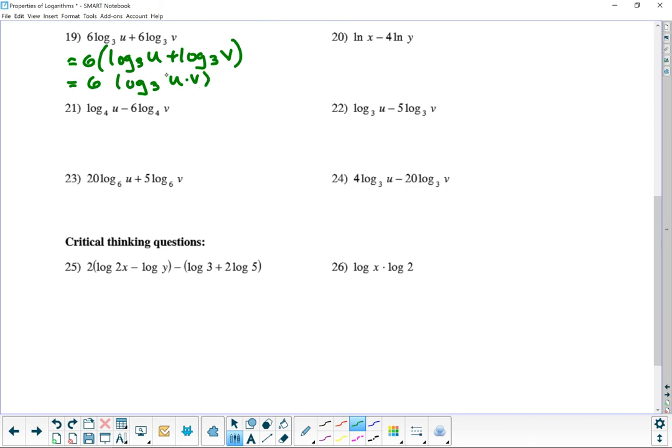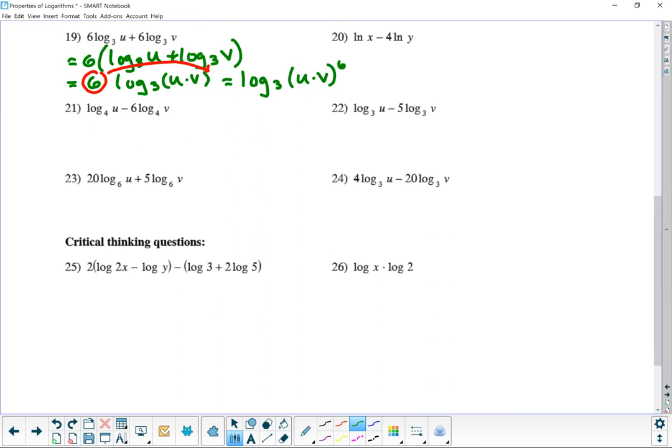And I'm going to put parentheses around it, just to keep it a little cleaner. And then now I'm going to use the backwards of the power rule and take this 6, which is multiplied into log base 3 of uv. So that power can be brought to the back of the argument. And that's going to equal log base 3 of (u times v) to the 6th power.